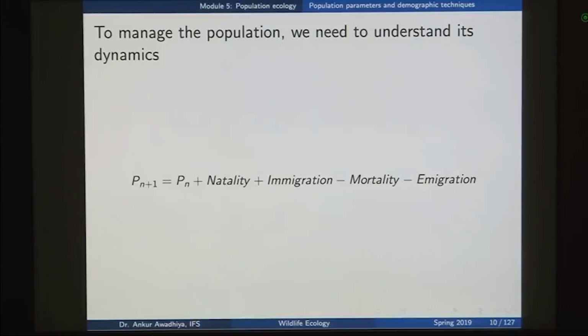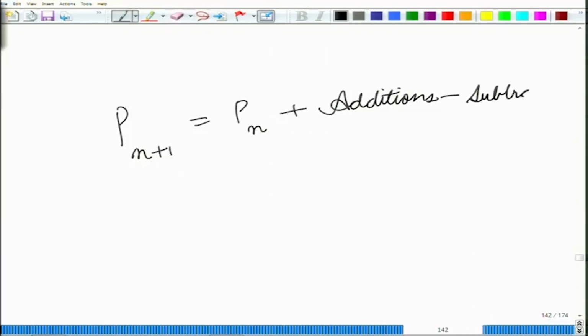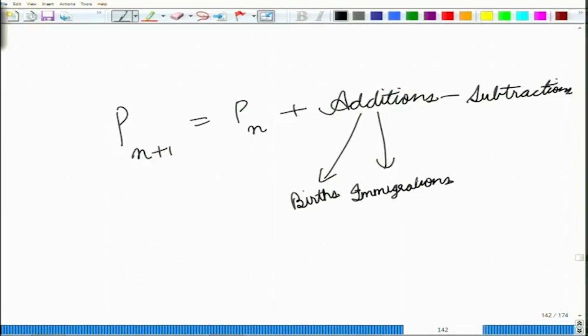So essentially what we are saying is that Pn plus 1 is Pn plus the number of additions minus the number of subtractions. You have some animals that are getting added. Addition can be because of births or because of immigrations, and subtractions similarly can be because of deaths, so some organisms are dying off, or because of emigrations.